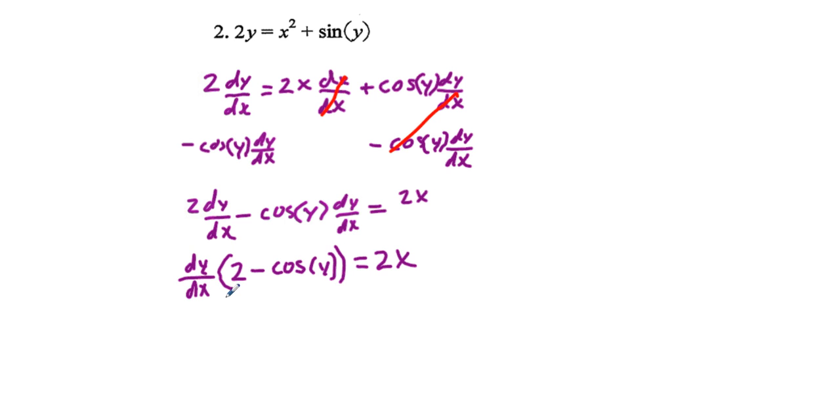And now what do we do if we divide both sides of this equation by the expression 2 minus cosine y? We have on the right side 2 minus cosine y. All right. And we have a cancellation.